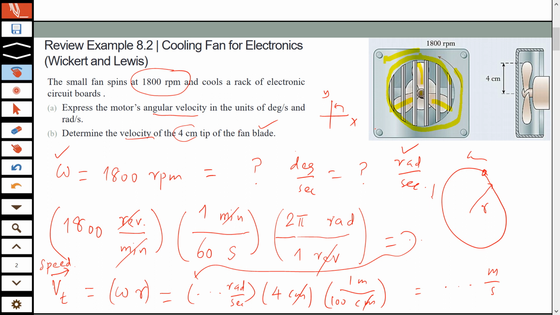Let's say to the right is my x, to above is my y, and the right hand rule will dictate that out of the page is k. So I can now write k here, okay? K here, and I will also have k here. So when velocity is asked, you need to be clear that your answer is in vectorial form and not in scalar form.